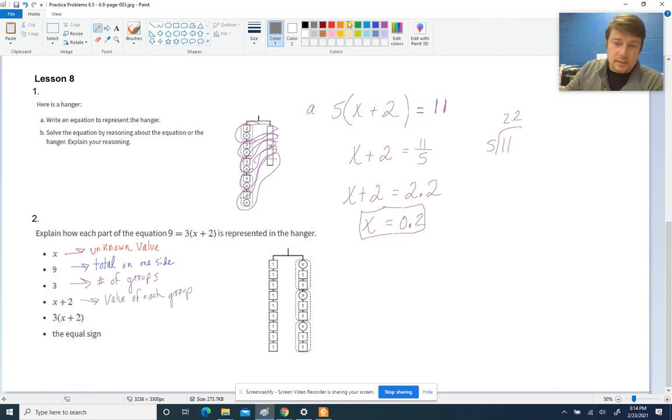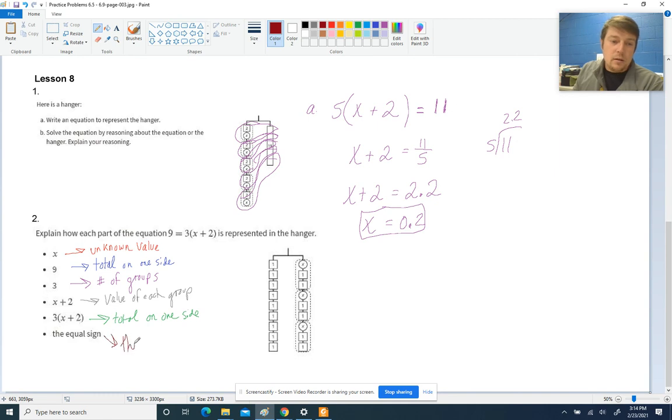And then lastly, the 3 x plus 2s represents the total on one side. Again, but this is on the other side, right? Hence why our equation says 9 equals 3 times x plus 2, because they are the total for the left and the right side. Thus, they should be equal to one another. And the equal sign shows that they are in balance.